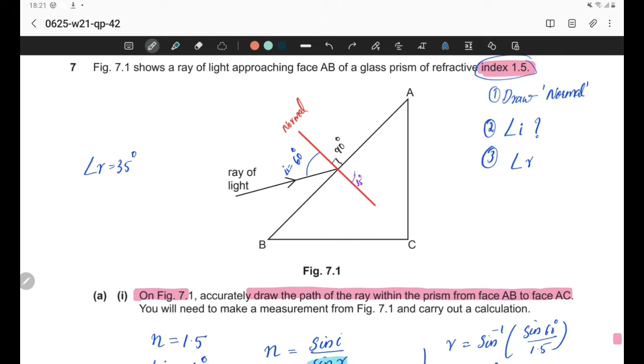Then we can draw a ray which represents the refracted ray. We have to make sure the angle of refraction is 35 degrees using a protractor, and we can include an arrow to indicate the direction of the refracted ray.